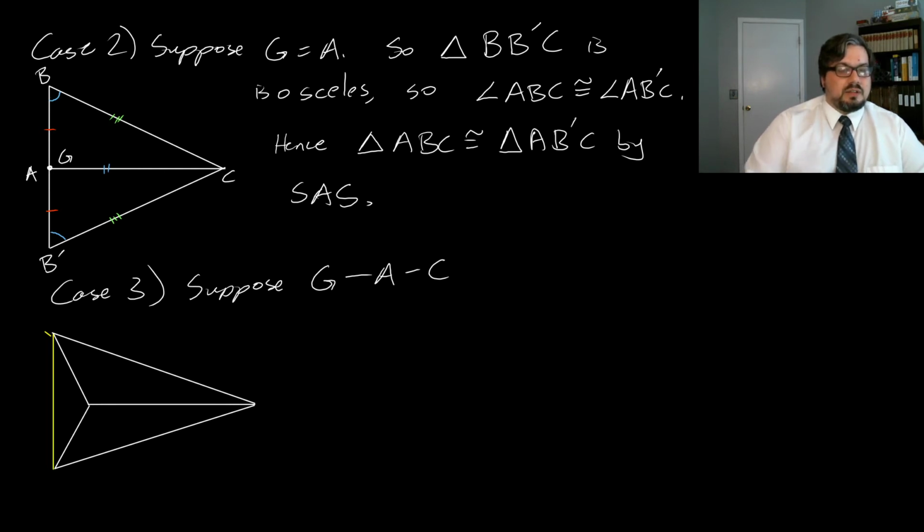All right, so let's see. Let's suppose we've got this situation. A, B, C. Here's B'. Of course, the line AC continues on this way, and we've got the point G there. And let me go ahead and mark the congruences that we have.